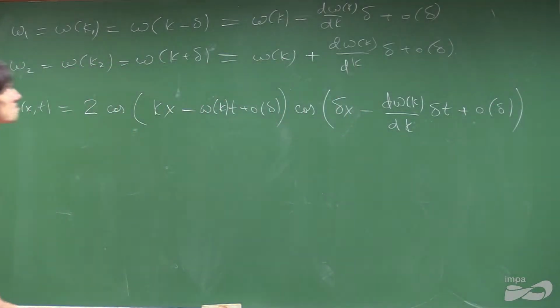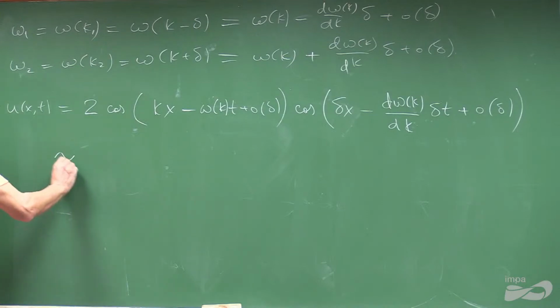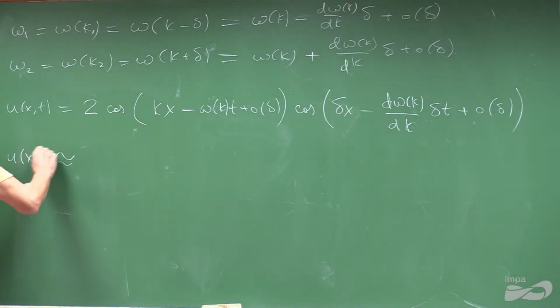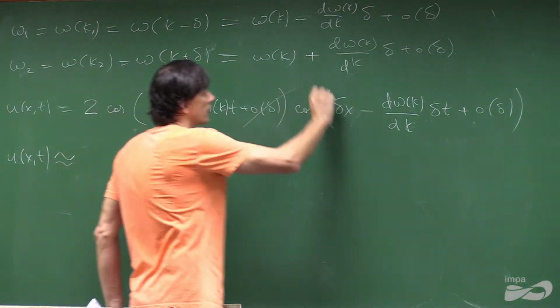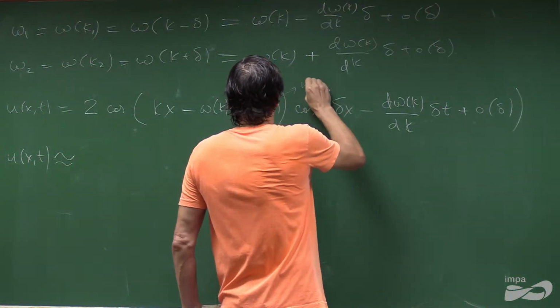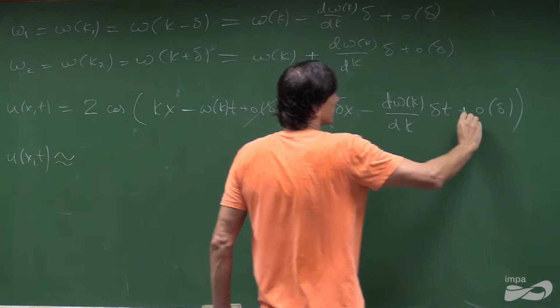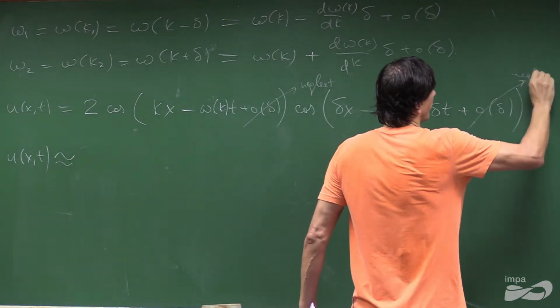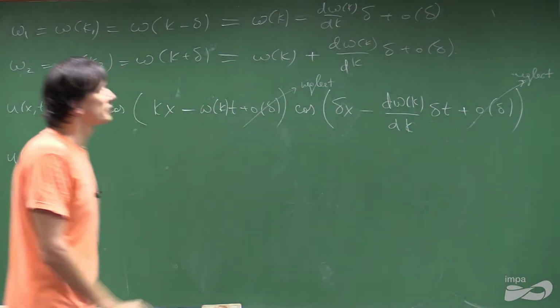Like this. Is that good? Okay, so now the next step is we just neglect small terms, assuming that delta is small.